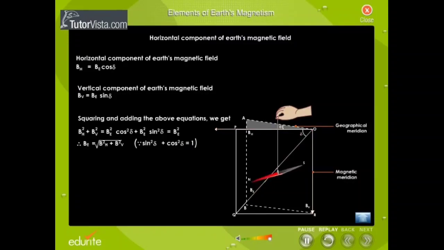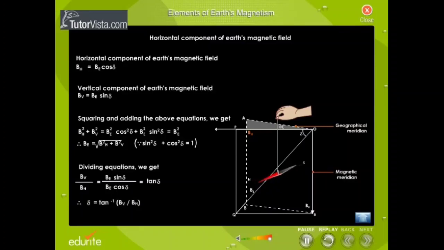Therefore, BE is equal to root of BH square plus BV square, because sin square delta plus cos square delta is equal to 1. Dividing the equations, we get BV by BH is equal to BE sin delta by BE cos delta, that is equal to tan delta. Therefore, delta is equal to tan inverse BV by BH.